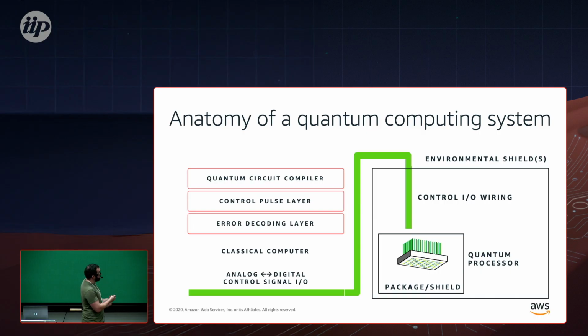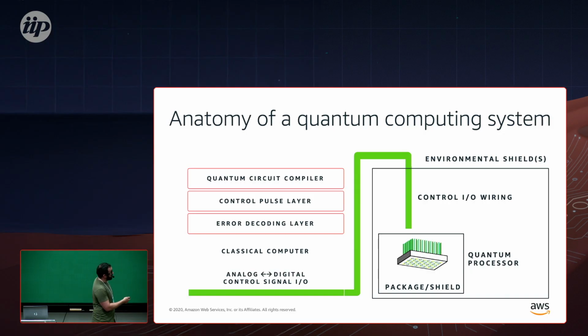There might be some error correction that we're going to talk about. So there is some error decoding layer, for example, for the error correction. And this is done by classical computing talking to a system that converts digital signals, coming from the decoding layer and from the quantum compiler layer, into analog signals, the control pulse layer, that is sent inside first some environmental shields. We want to, for example, protect the qubits from the magnetic field of Earth, and other things.